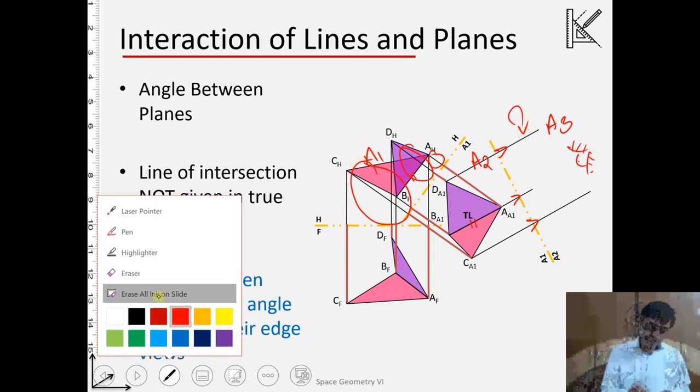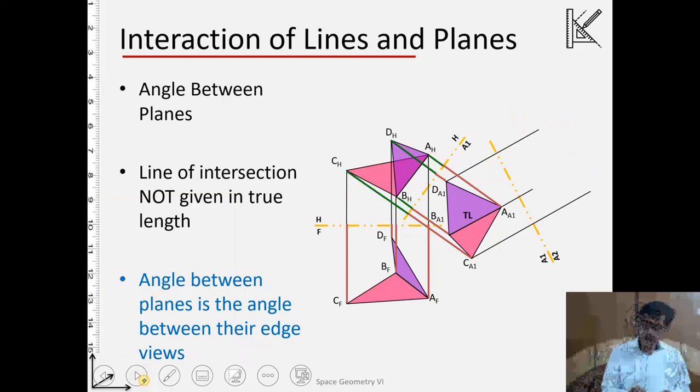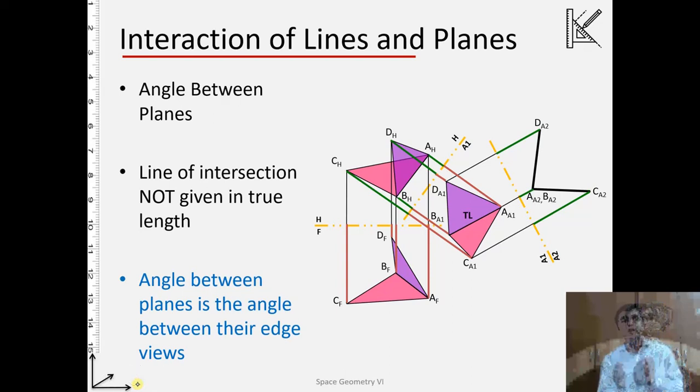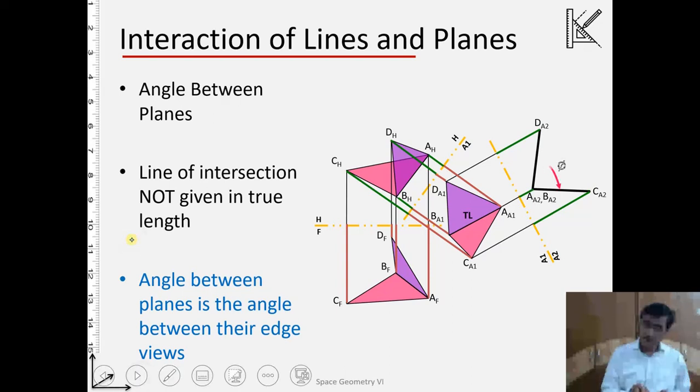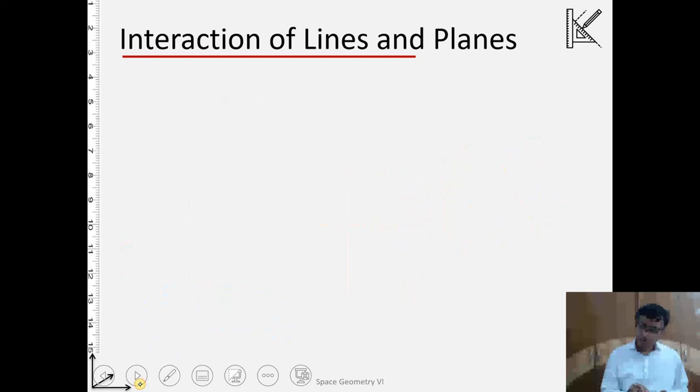So let us do this. If I apply those distances which are shown by the green color here, this is how we get the edge views of two planes. Once we have got the edge views of the two planes, it's very easy. Now we can find the angle. So even if the line of intersection of two planes is oblique, we can now determine the angle between the two planes.